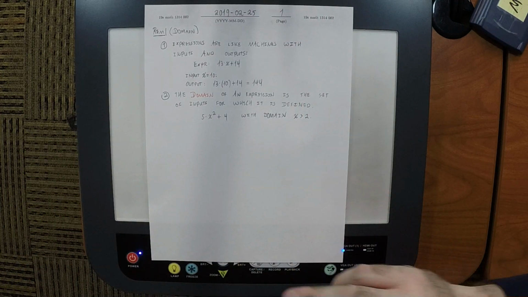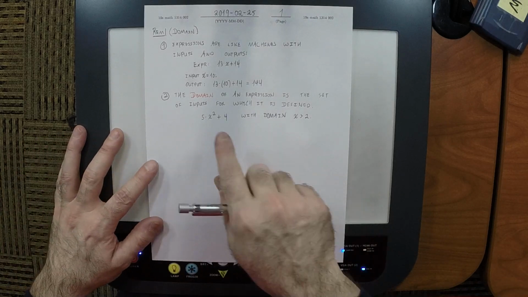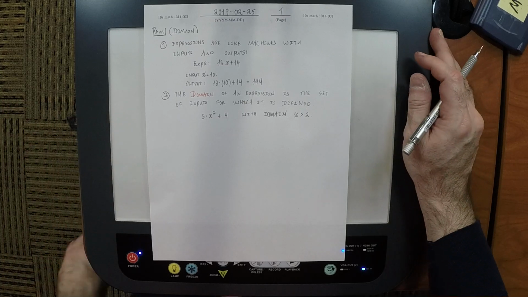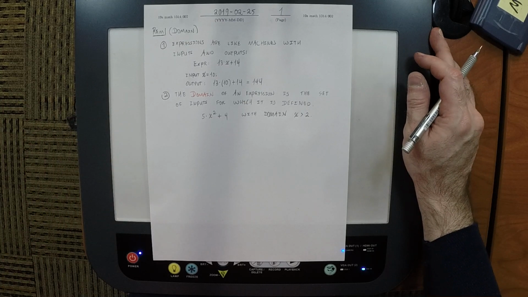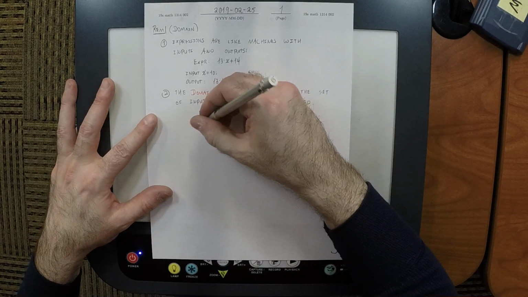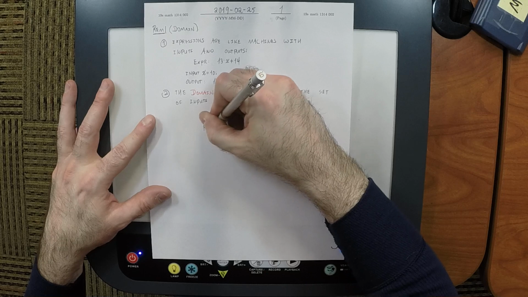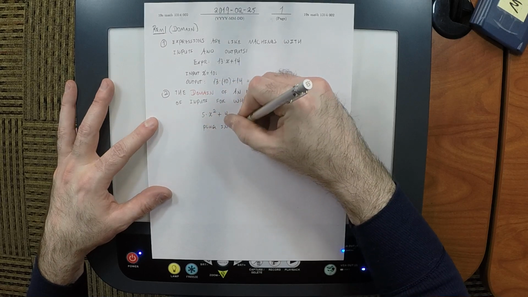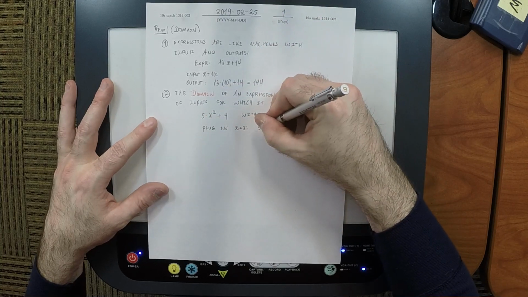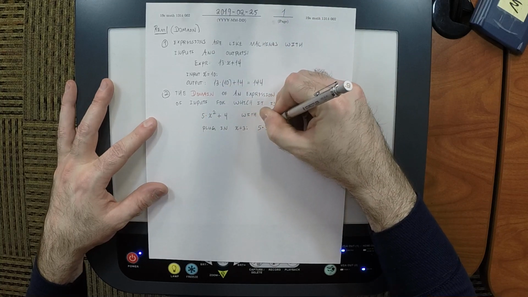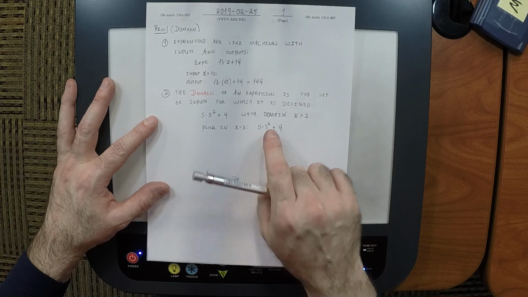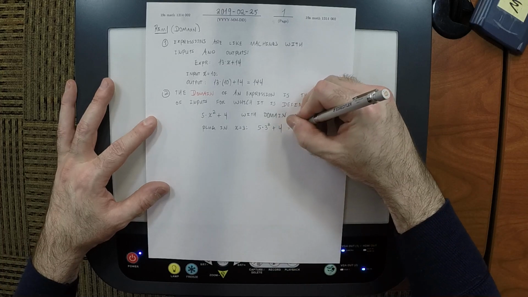So that means that, concerning this expression, when we're using it, it's only allowed that you should plug in things more than 2. So you can't plug in 2, right? Because 2 is not more than 2. But you could plug in 3. If you were to plug in 3, well, that'd be 5 times 3 squared plus 4. So 5 times 9 is 45, and then 4 more, that'd be 49.